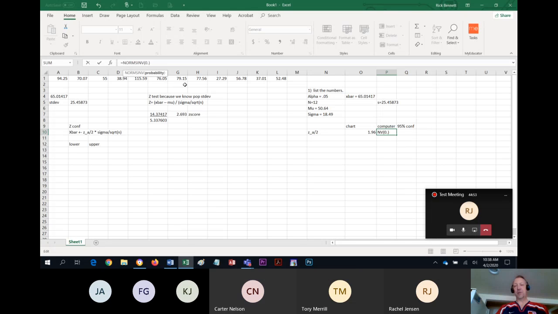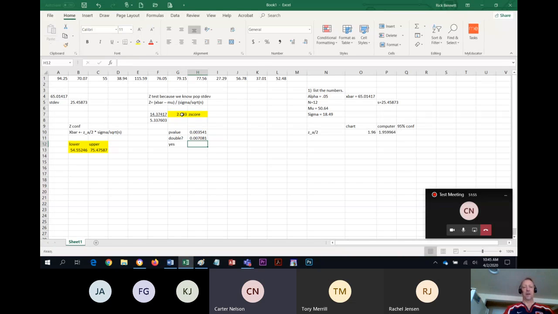So in this case, let's get our p-value here. It's going to be 1 minus norm s dist of that value there. And then do we need to double it? Yes, because the alternative hypothesis is not equal, it's a two-tailed test, right?